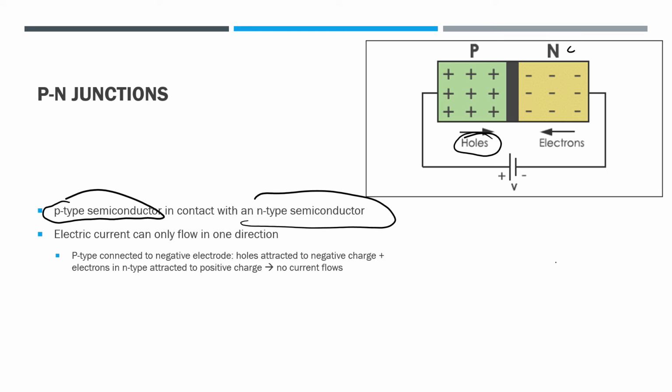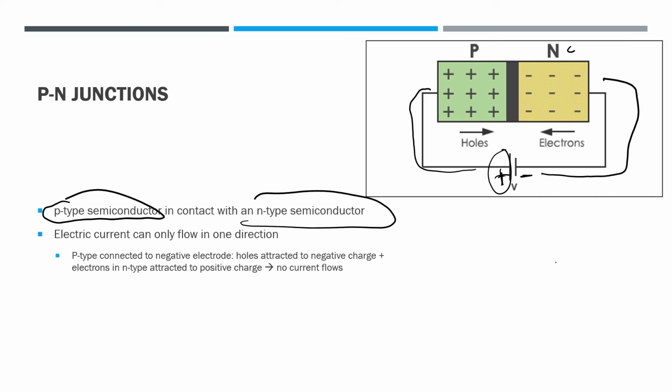What's interesting about PN junctions specifically is that current can only flow in one direction, and that direction is the way I've shown it here. If I put a battery with the positive electrode on this side and the negative electrode on the other side, the holes are facing the positive electrode on the left, and the electrons are facing the negative electrode on the right.